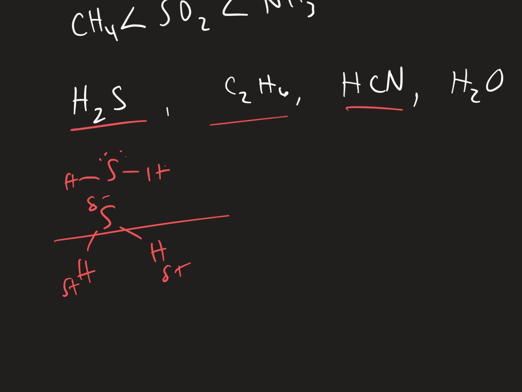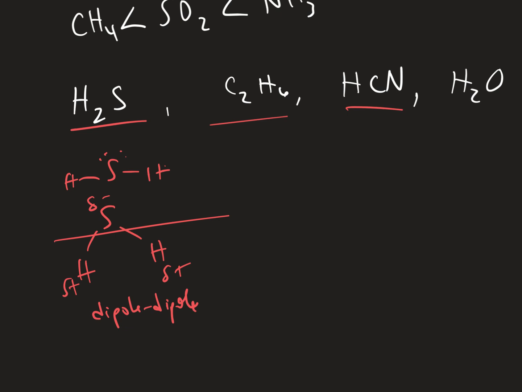It's only 0.4. But what did we say? In the molecule, we're worried more about symmetry, right? So this is just slightly polar, but it's polar nonetheless, right? This is dipole-dipole. Okay, are we good?